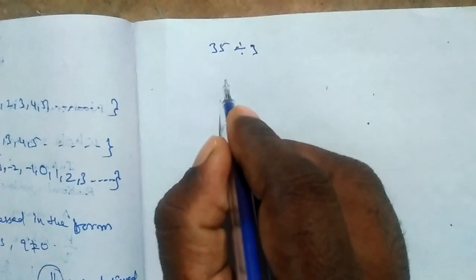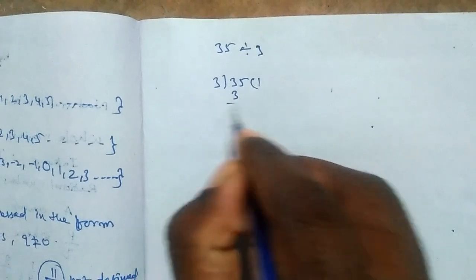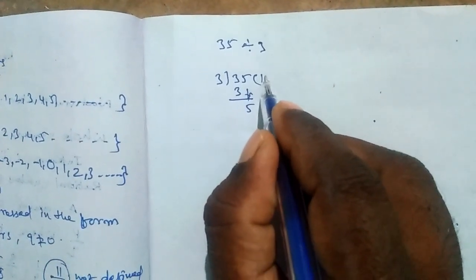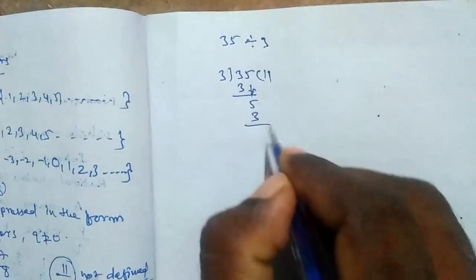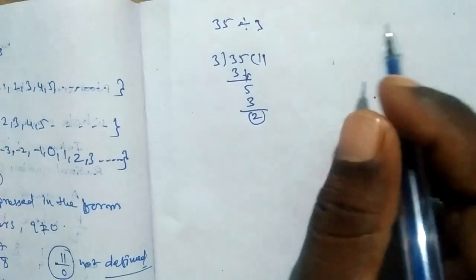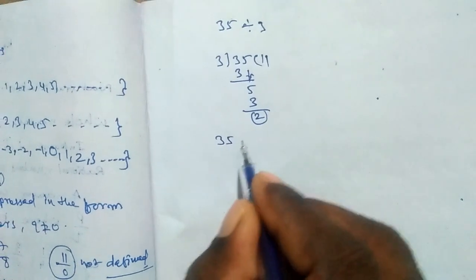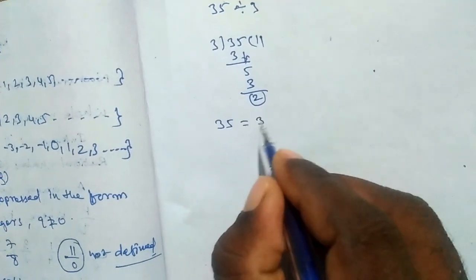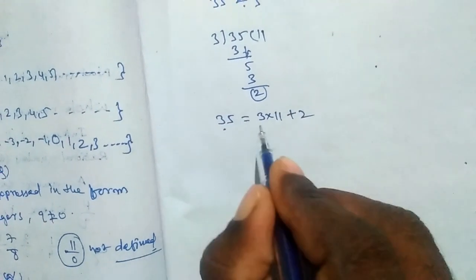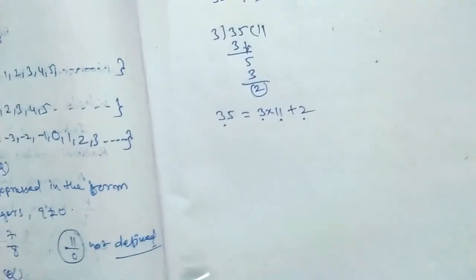So I am going to do the division. 35 divided by 3. 3 ones are 3, 5 comes down, and 3 threes are 9, so 3 11s are 33. Remainder 2. So how can I express this in equation form? 35 is equal to 3 11s are 33 plus 2. This is the dividend, this is the divisor, this is the quotient, this is the remainder.